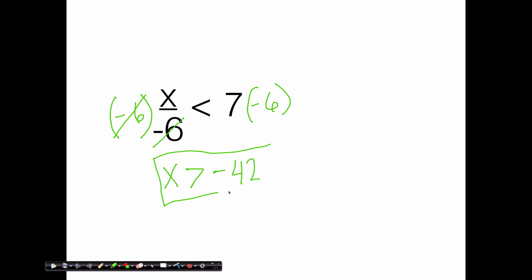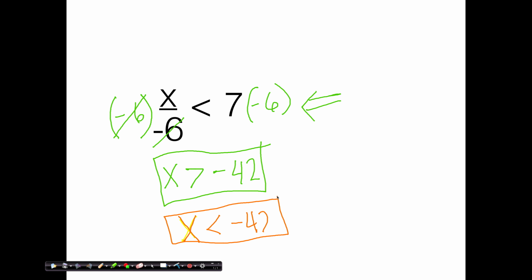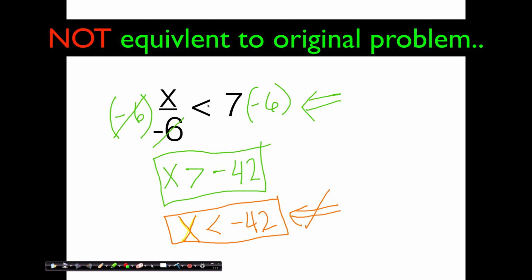So this inequality here is equivalent to this inequality here. Keep that in mind. Now, if I would have left the sign the way it was, if I would have said x is less than -42, this inequality here is not equivalent to this inequality here.